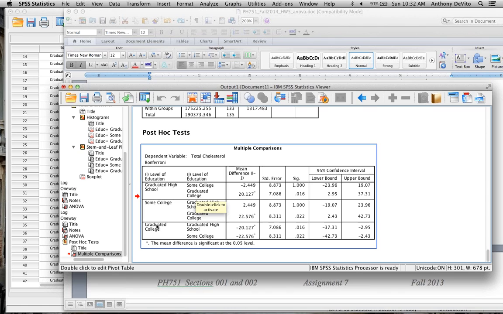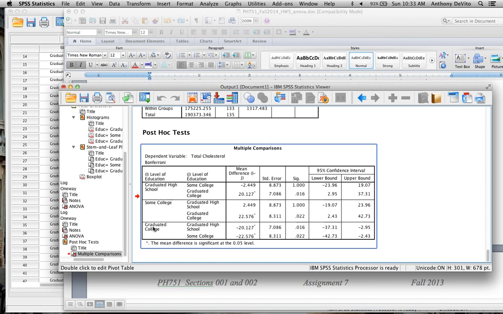And graduated college versus some college, we reject the null hypothesis for that. We don't reject the null hypothesis for graduated high school versus some college. The difference there is not enough. The variability between the groups and the difference between the means of the two groups is not enough for us to reject the null hypothesis that the means are the same for that pairing.